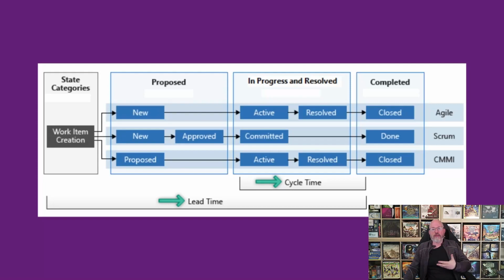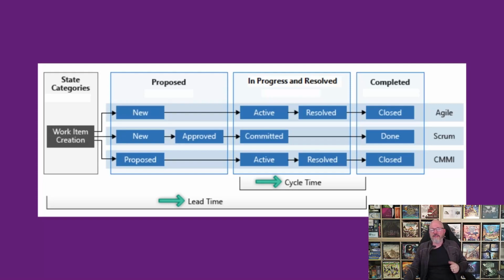And then in progress, I actually prefer just one state. I usually change it from committed to something else like forecasted or just in progress. New, approved, in progress, done. I prefer one state so that the developers get the choice to split into however many columns they want.